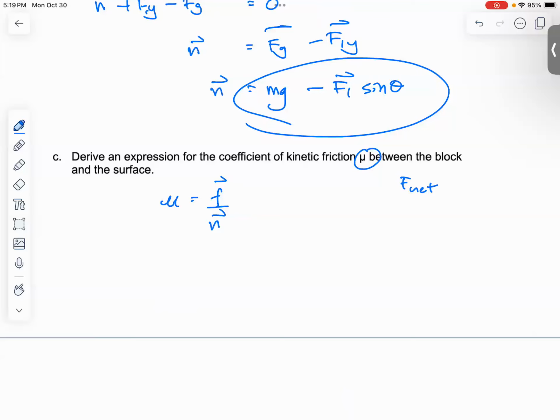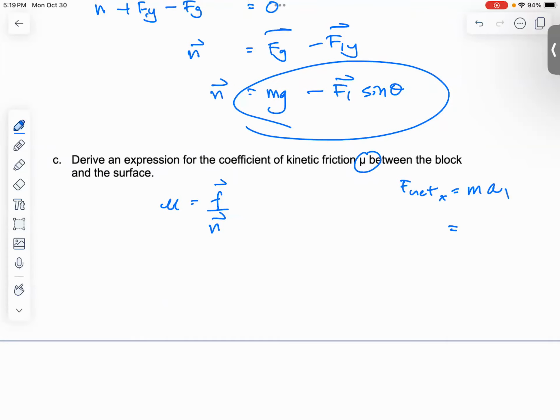But F net in the x direction is simply equal to m times a, or m times a1, to be more specific. And F net will be F in the x direction, or F1x, minus friction. It's equal to m times a1. So that means your lovely friction would be F1x minus m times a1.